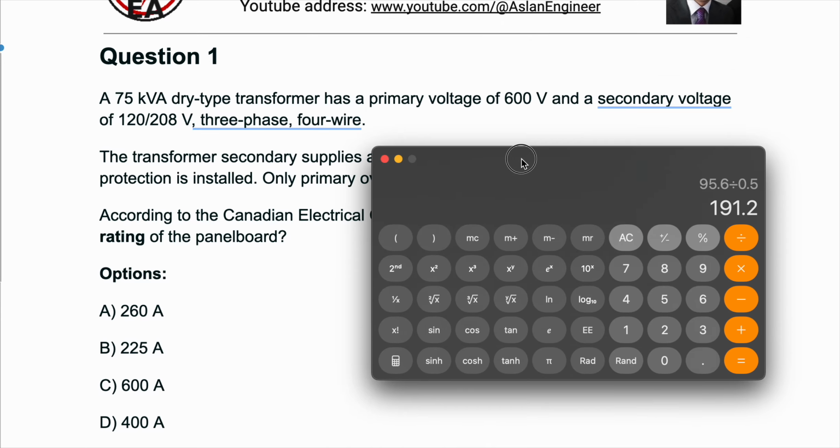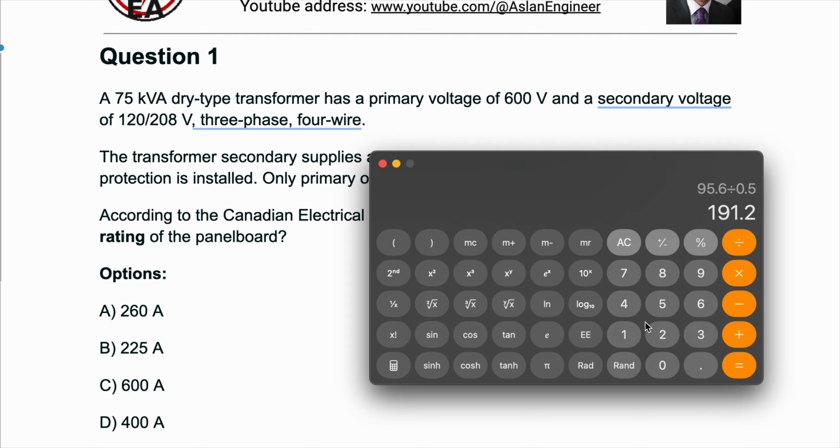So let's calculate the secondary amps for this transformer. 75 kilovolt-amperes divided by 208. This is the ampacity for one single phase of the transformer, but because this is a 3-phase transformer and 75 kilovolt-amperes is for the 3-phase transformer, when we want to calculate just one phase, we need to divide by the root of 3.